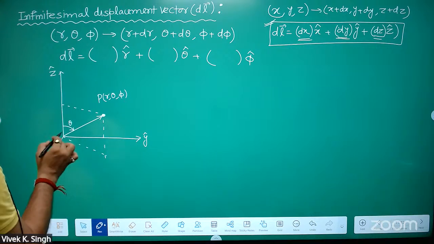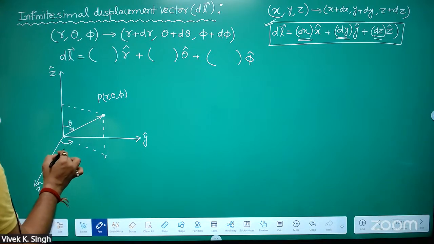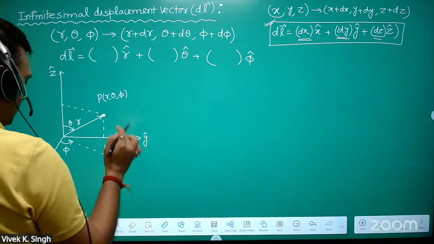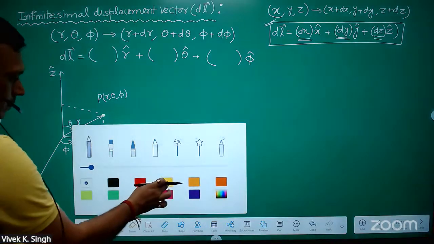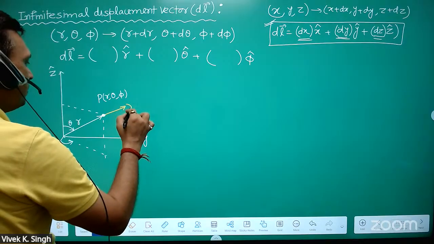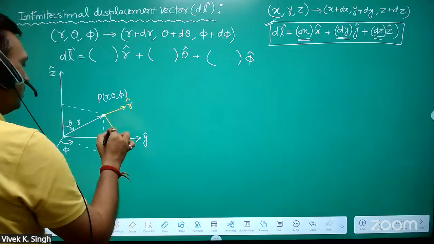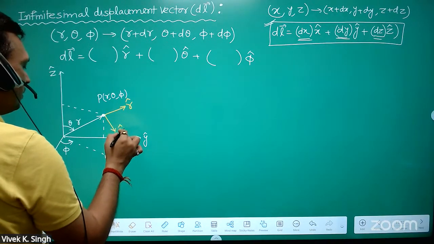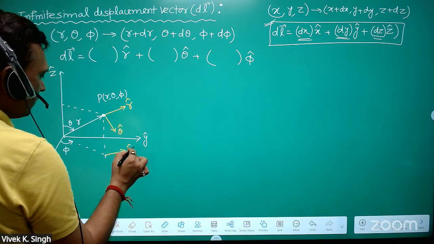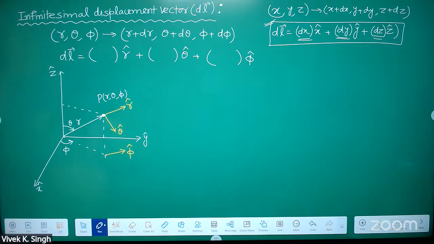And this angle will be phi. This is r. See, this will be r cap. This will be theta cap. And this will be phi cap. Is it clear?